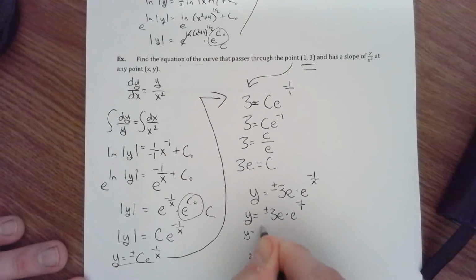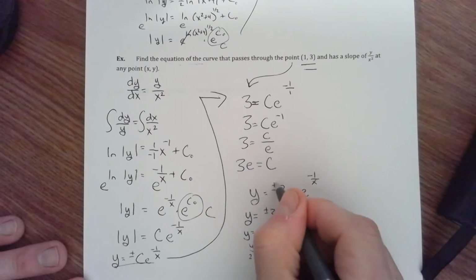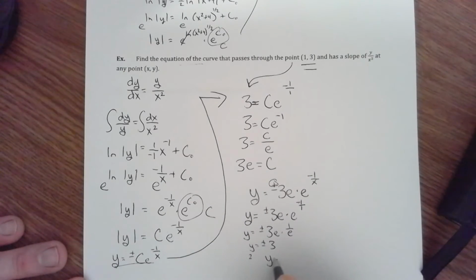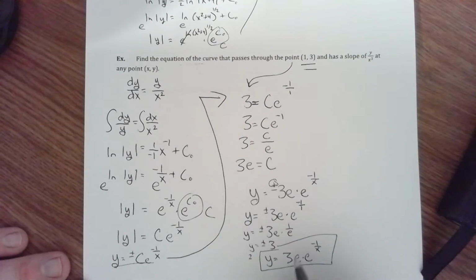So y is equal to plus or minus 3e times e to the negative 1, which would be 1 over e. So y is equal to plus or minus 3. So we know we've got to have the positive 3 because it's got to produce that. So we just want a positive in this case. So our final answer is y equals 3e times e to the negative 1 over x. And that could be simplified. I'll let you think about how that could be simplified, if this is e to the 1 and that's e to the negative 1 over x.